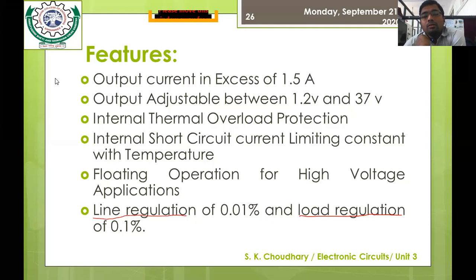Change in input voltage. Who is speaking this? Abhishek? Gaikar. Please tell your full name. Abhishek Gaikar. Okay, Abhishek Gaikar.